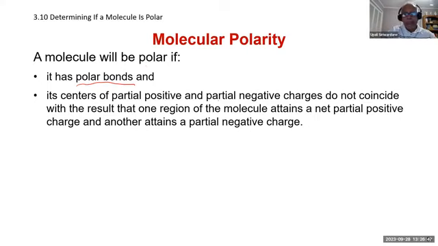So if the partial negative charge cancels with the partial positive charge, then the molecule becomes non-polar. Therefore, even if a molecule has polar covalent bonds, they could cancel out. I will give you examples later.